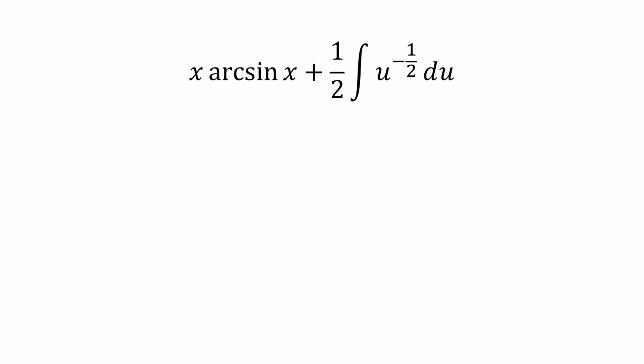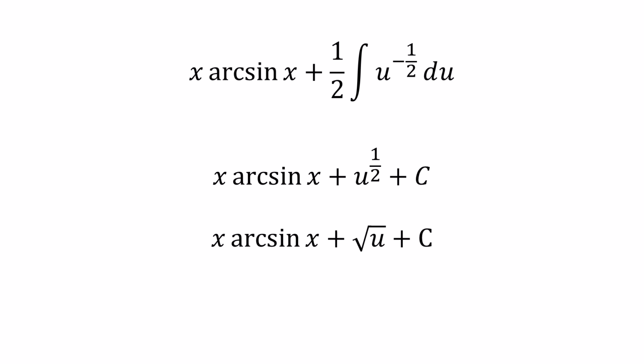Integrating, we obtain x arcsine of x plus u to the 1/2 plus c. Rewriting the fractional exponent as a root gives x arcsine of x plus root u plus c.